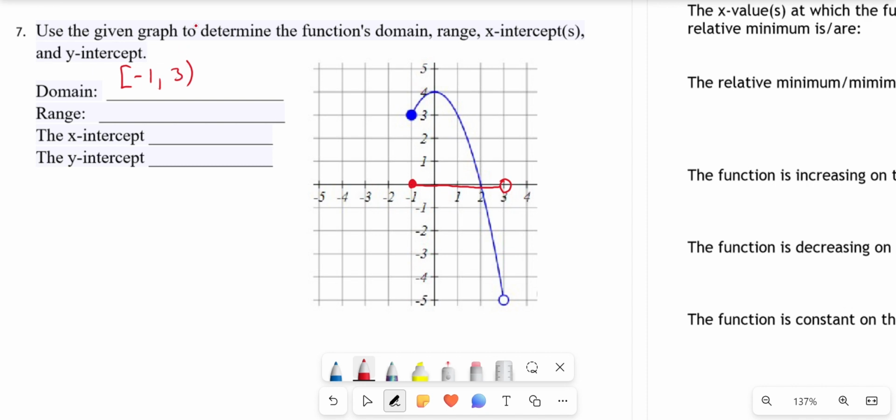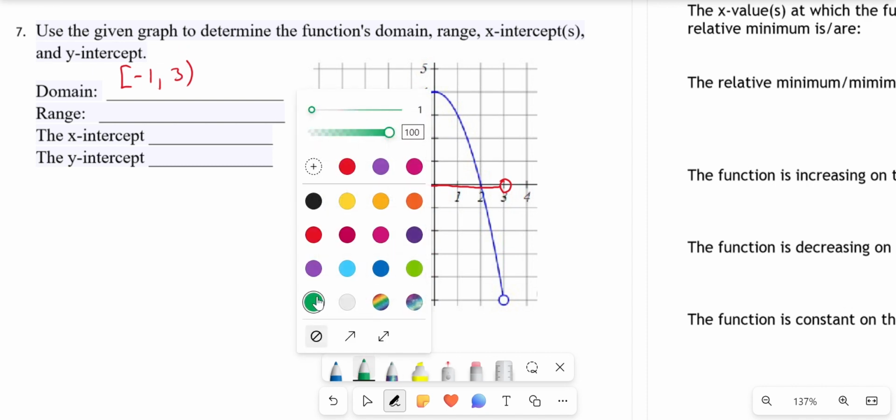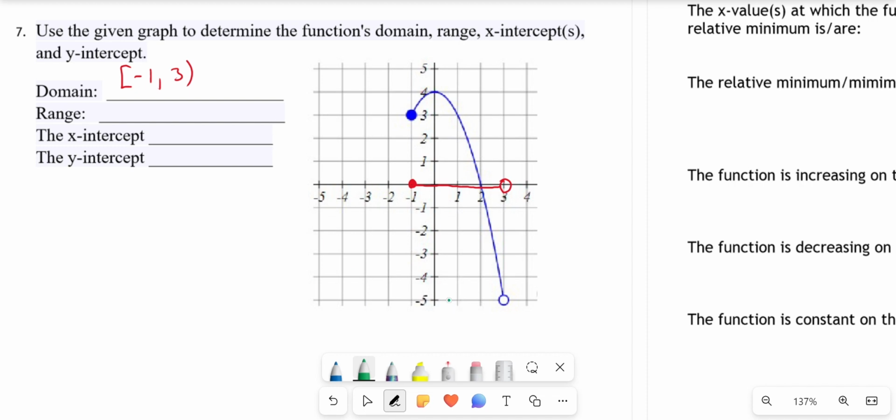What about my range? Well, my range seems to go as low as -5, but it doesn't include it, right? This is an open circle here. So it doesn't include that -5, but it includes all the numbers bigger than that, all the way up to the highest y value attained, which is here at 4. And I'll just say, every time you have one of these humps like this, it really is going to hit the 4 that it looks like it hits.